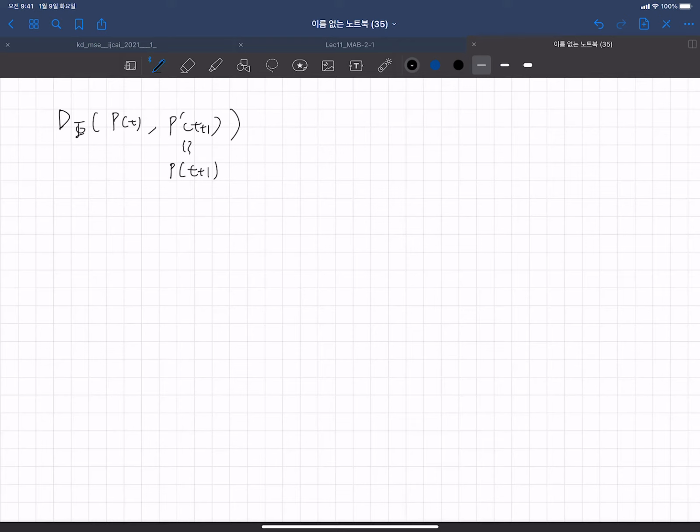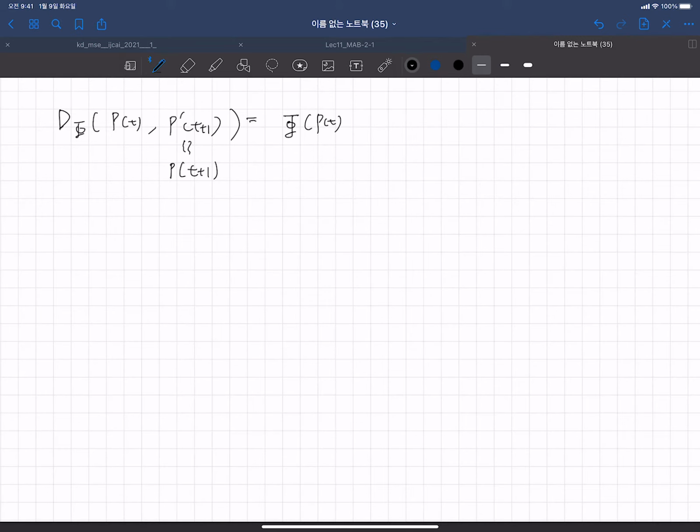Our update cannot go outside of our constraint set, right? So p prime t plus 1 is almost pt plus 1.